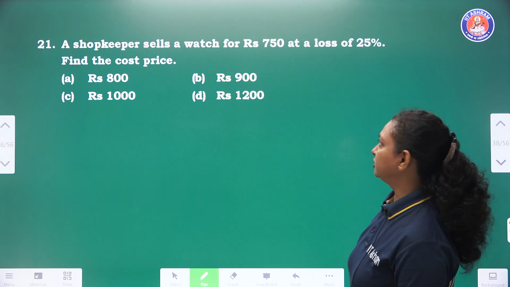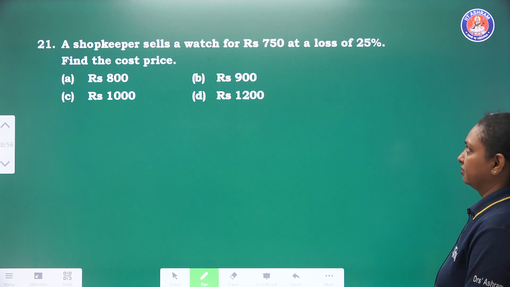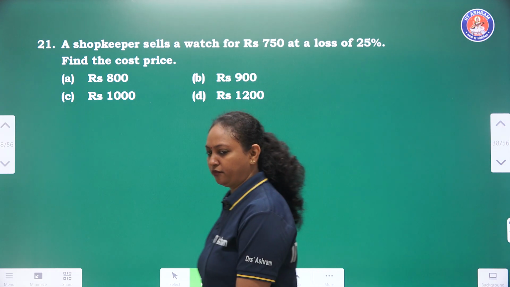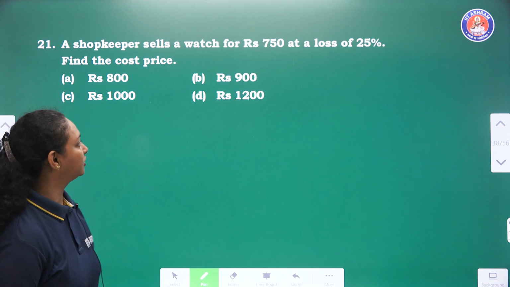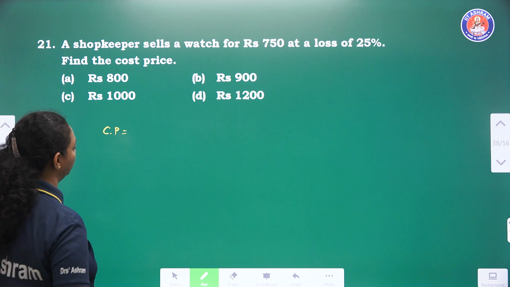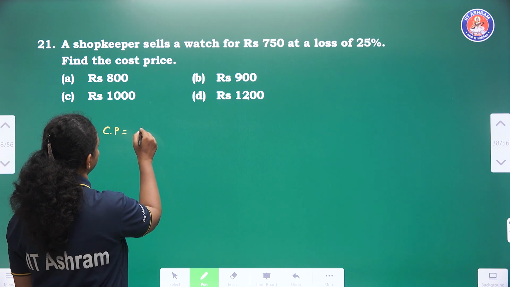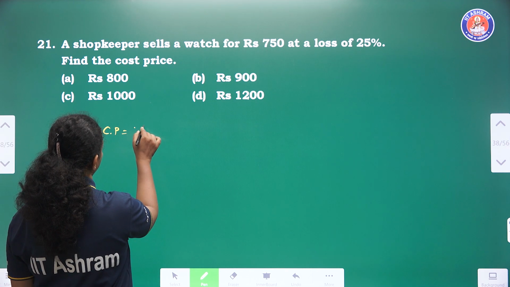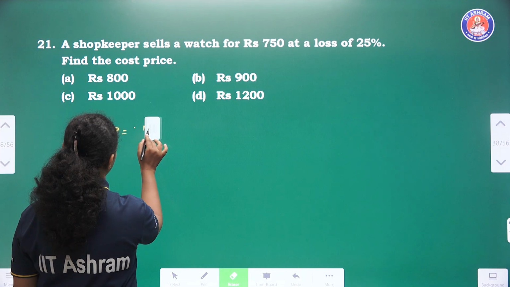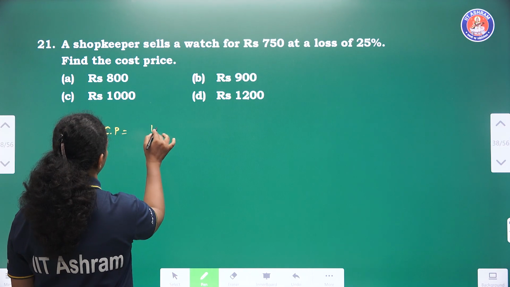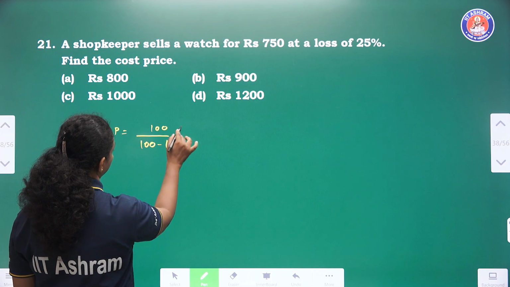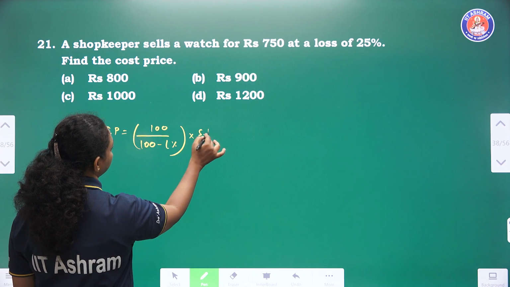A shopkeeper sells a watch for rupees 750 at a loss of 25%. Find the cost price. There is a formula, with which you can definitely do it. What is that formula? We know that CP of an article is equal to 100 upon 100 minus loss percent into selling price.